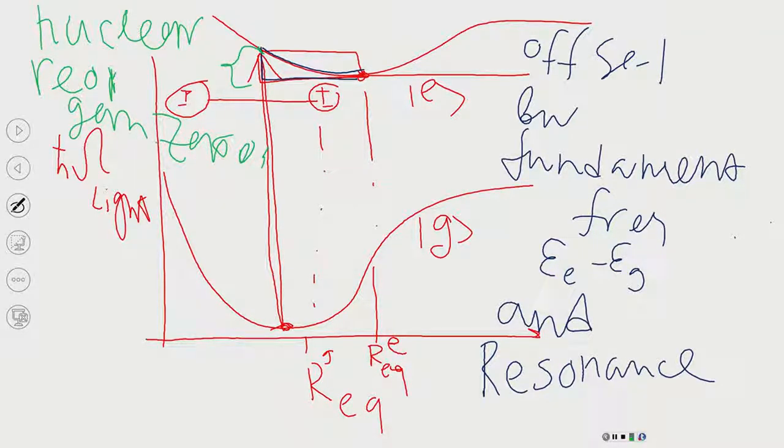The potential curve can have different steepness. And this picture of the offset potential energy surfaces is fundamental, general. It applies to any molecule. The parameters are different.